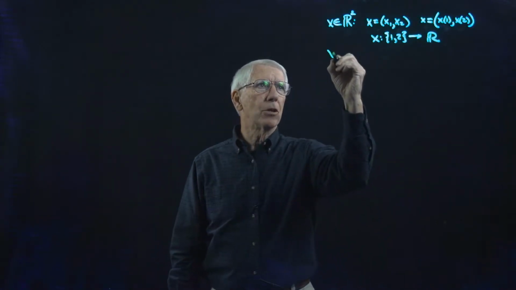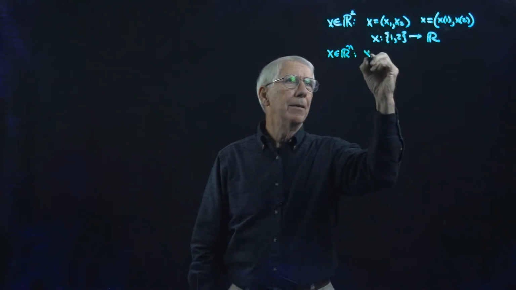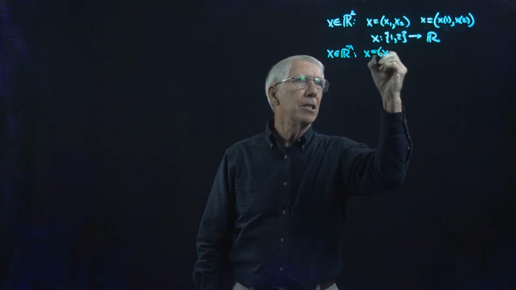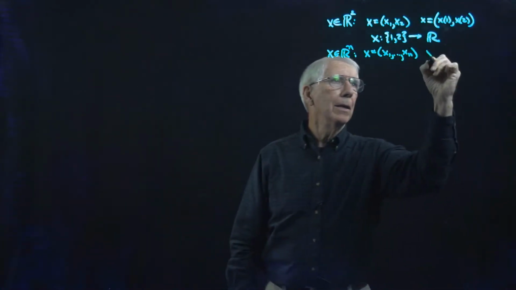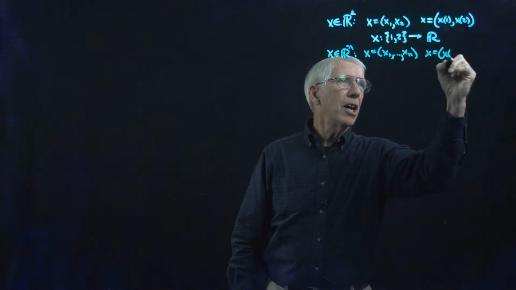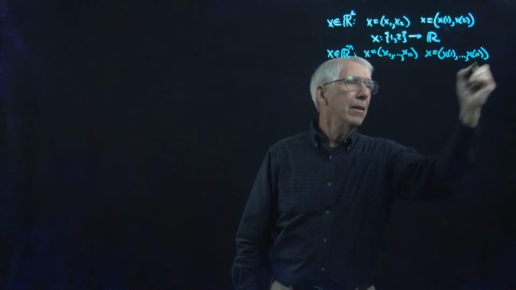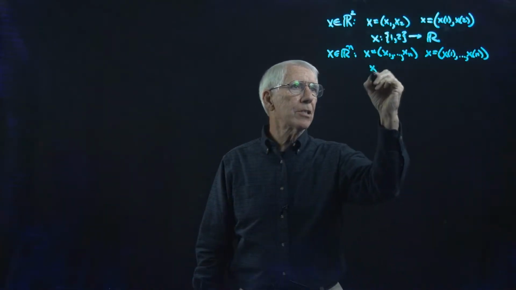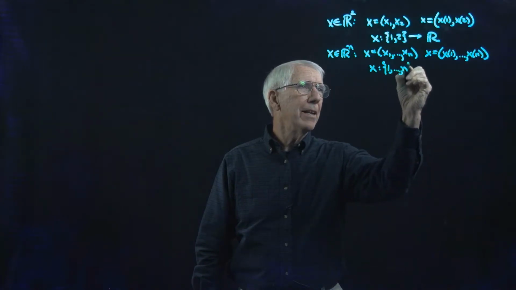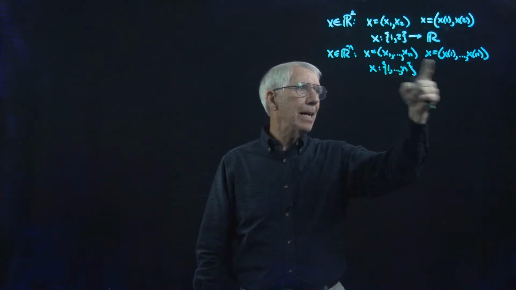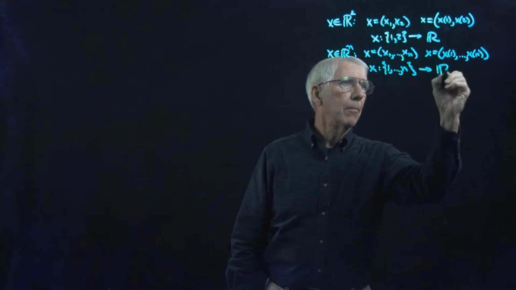Well, I can do the same thing, of course, in Rn, so I'm basically just going to rewrite what I have up here as x equals (x1, ..., xn), or x equals (x(1), ..., x(n)). So I have x as a function from the set of the first n natural numbers, the n possible indices here, again into R.